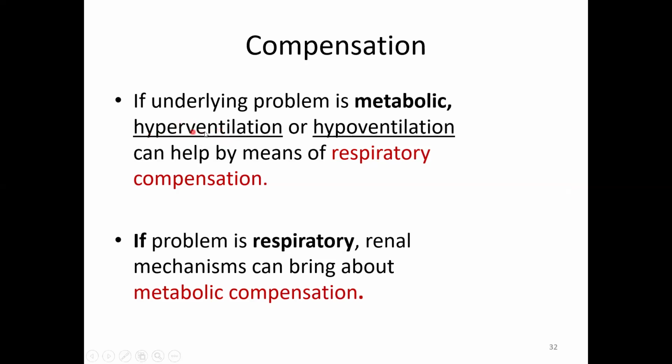So hyperventilation works when the hydrogen ion concentration increases, and hypoventilation occurs when the hydrogen ion concentration is low in the blood, so the breathing rate decreases and carbon dioxide is trapped. In this way, the body can adjust when the cause is metabolic. In the same way, when the cause is respiratory, there is metabolic compensation by the kidneys.